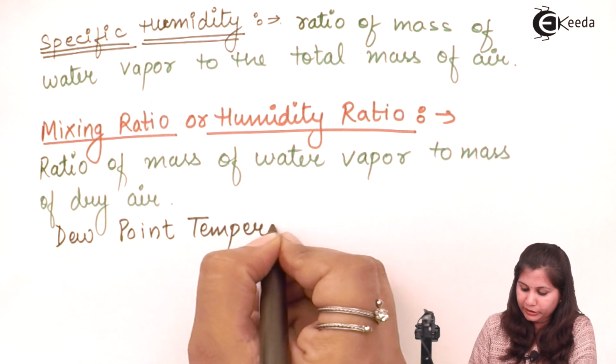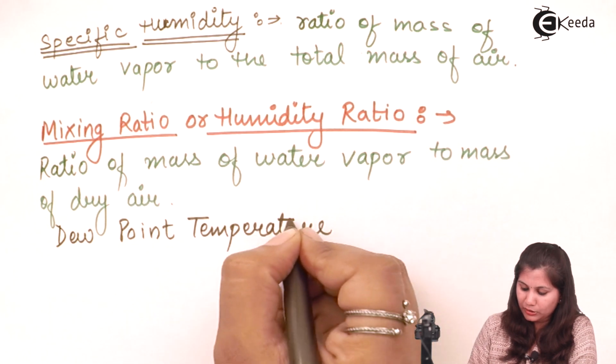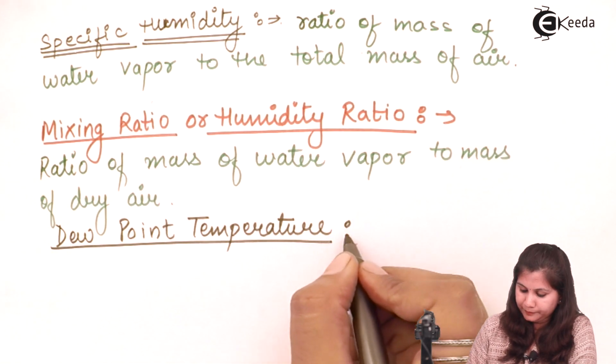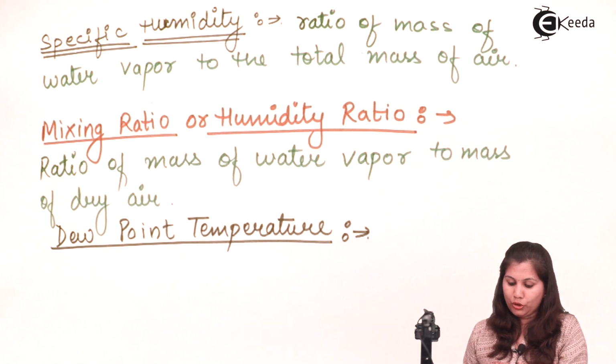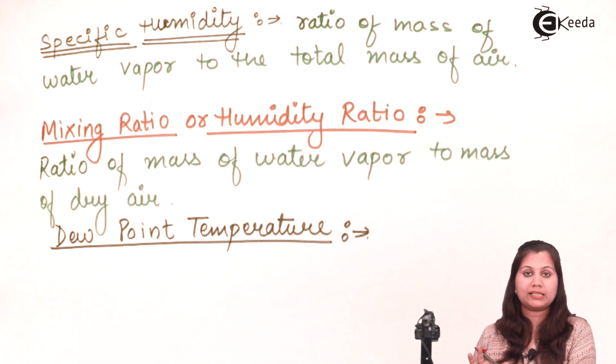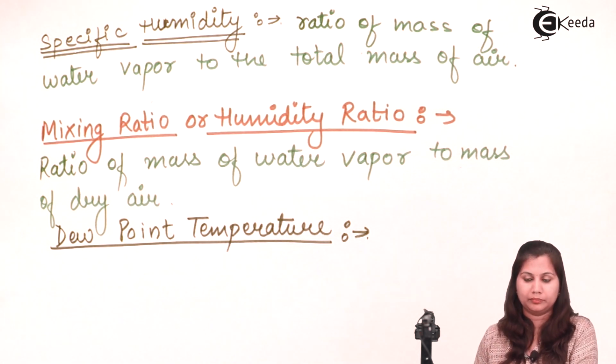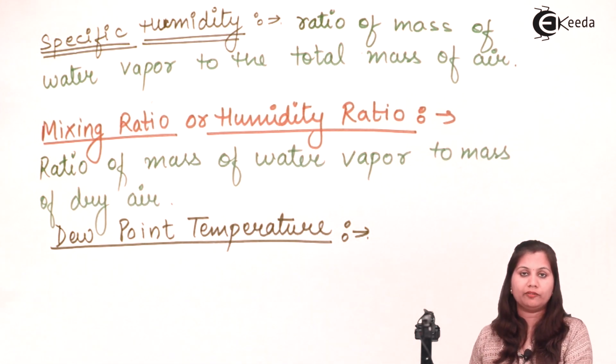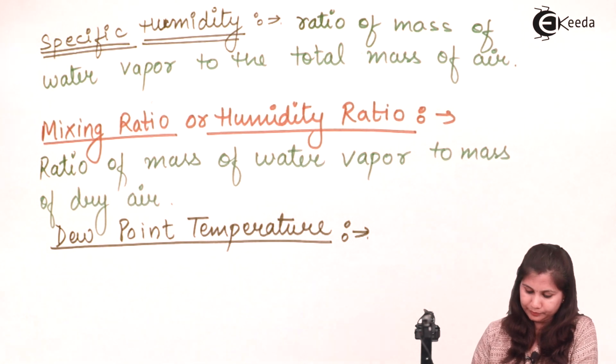That is also commonly used when we are doing the measurements of humidity. So dew point temperature is the temperature at which the water vapor content present in the air is maximum. Okay, or we can say that the air is completely saturated with the water vapor.